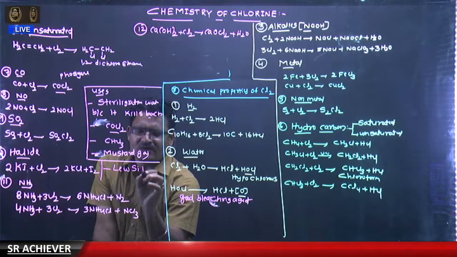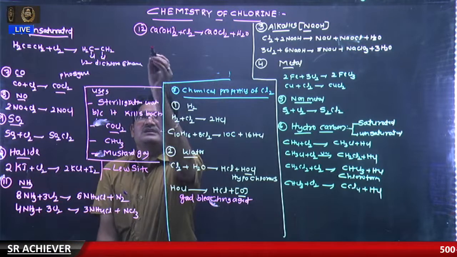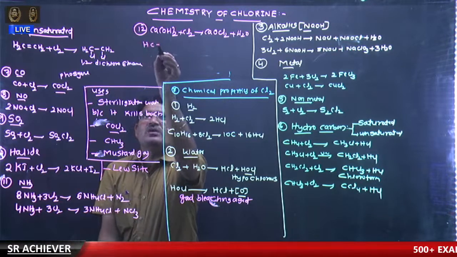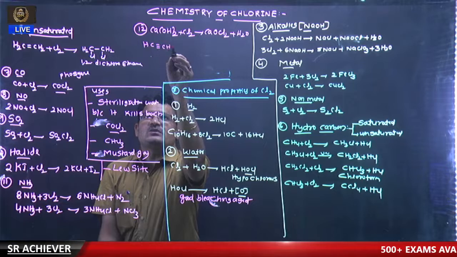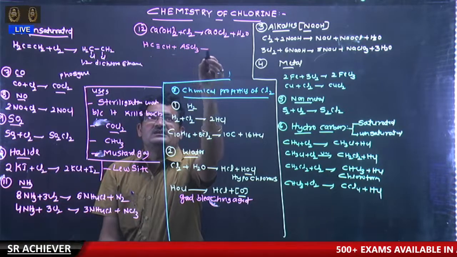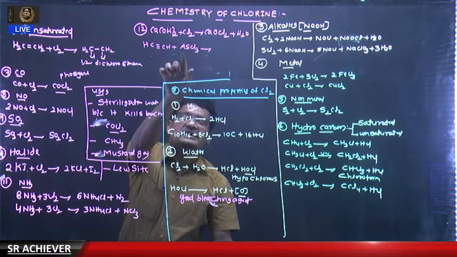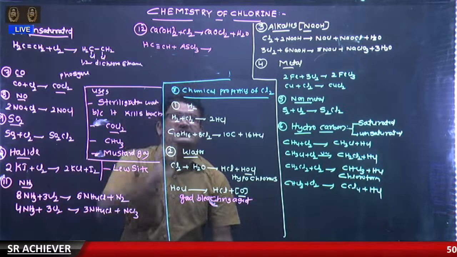So what is the formula of Lewisite? Lewisite: HC triple bond CH reacts with AsCl3. How does it form? AsCl3 gives AsCl2 plus and Cl minus.